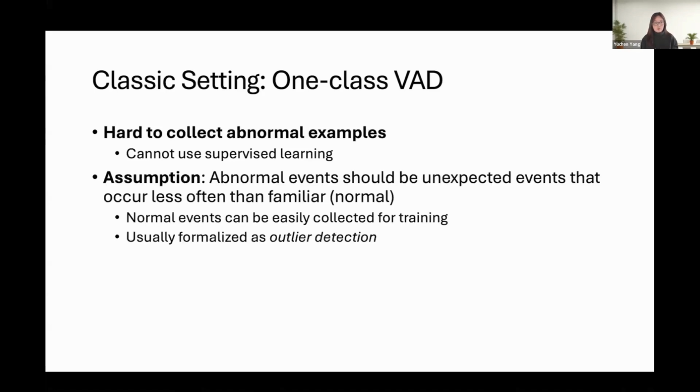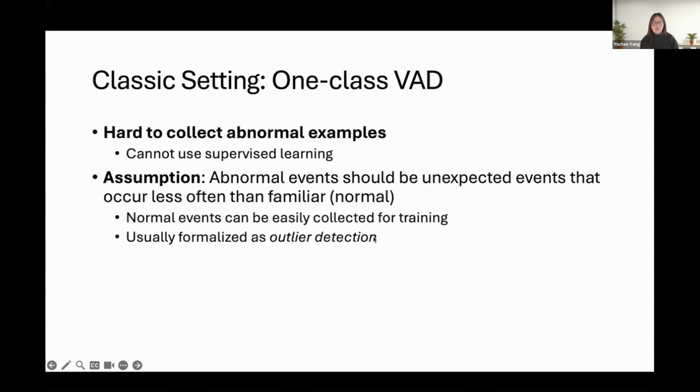Instead, this setting relies on a key idea that abnormal events are unexpected and occur far less frequently than normal events. This means the normal events, which are common and familiar to us, can be easily collected and used for training. This is why it is named one-class VAD, because it only uses the one-class normal dataset for training.